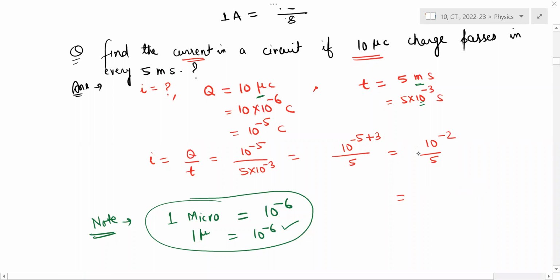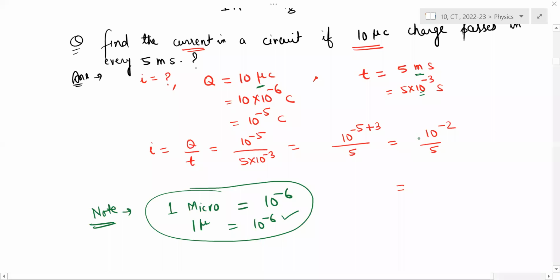Please understand. See, 1 by 5 is how much, beta? Can we say 1 by 5 equals 0.2? Can I say 0.2 is 2 into 10 raised to minus 1? So 1 into 10 raised to minus 2, can I say?